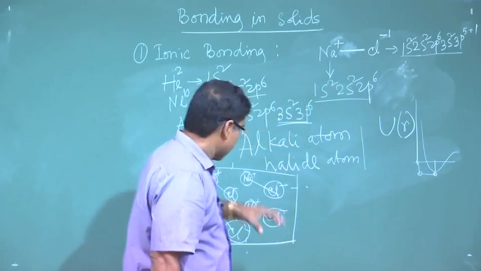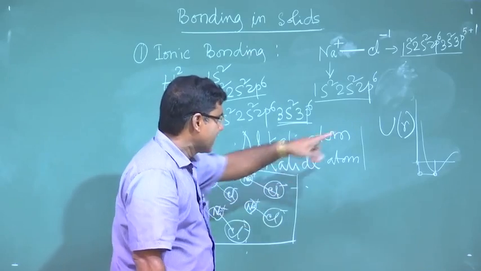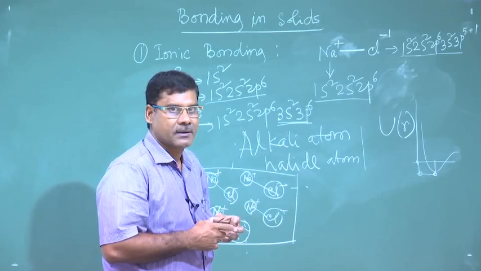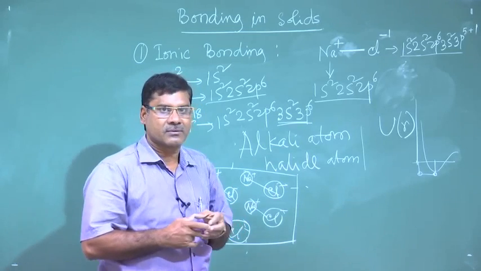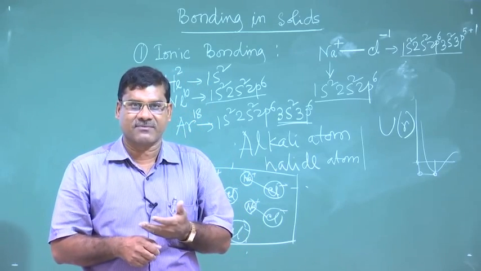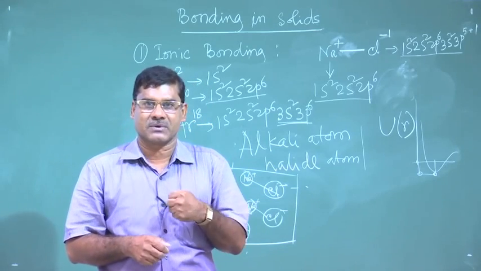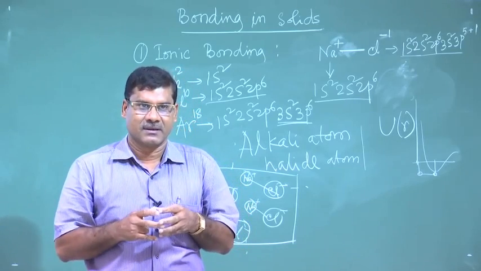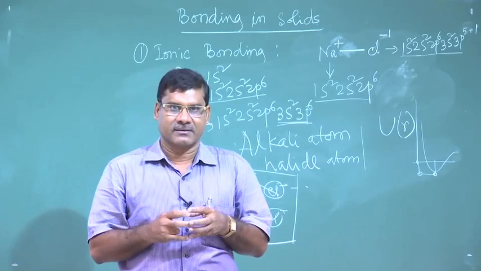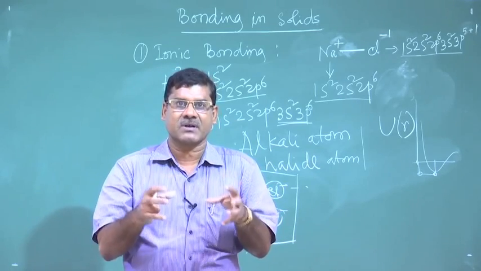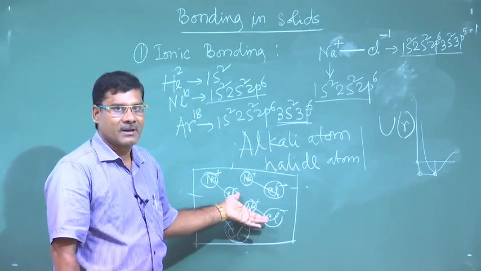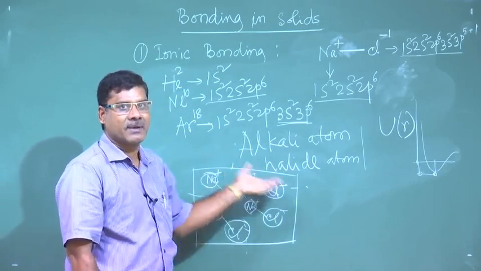So, in general we said that there is balancing between the repulsive force and the attractive force, right. We have to find out the origin of this repulsive force and attractive force, then only will we get the equilibrium distribution of atoms in solids. In this crystal obviously we have positive ions and negative ions.